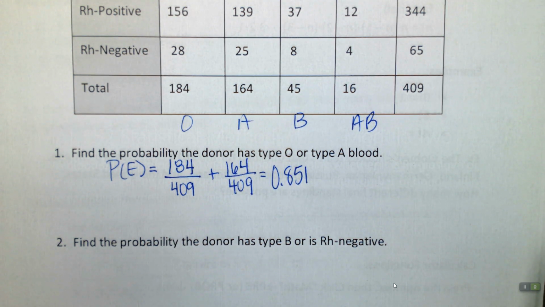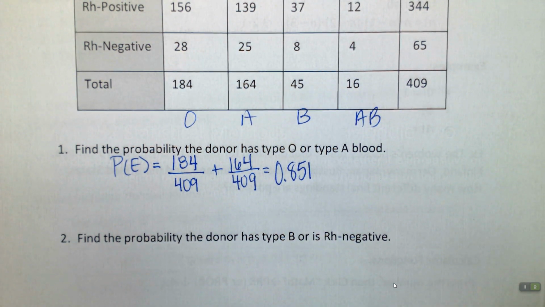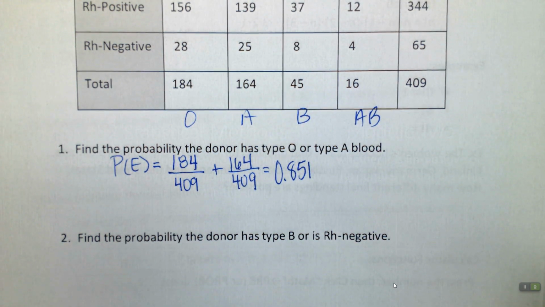Find the probability the donor has B or Rh negative. B or Rh negative. So can you be B negative? So because we can, that means it has an intersection. And we're going to subtract that intersection.